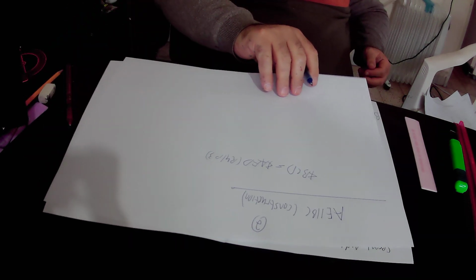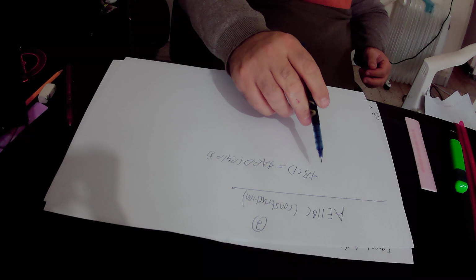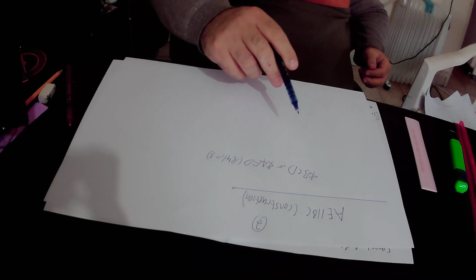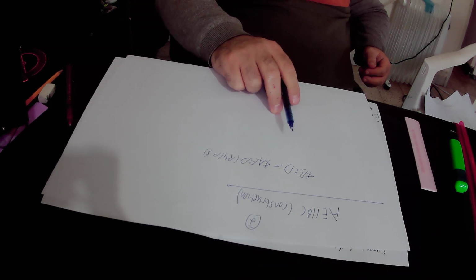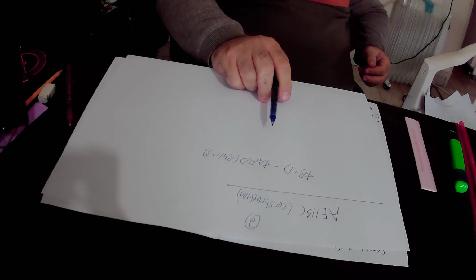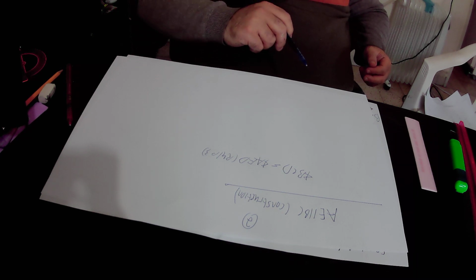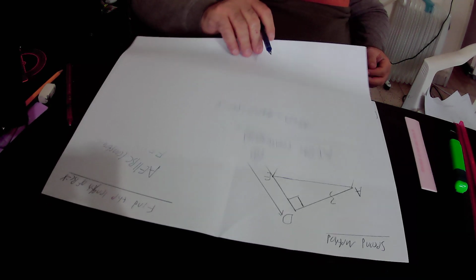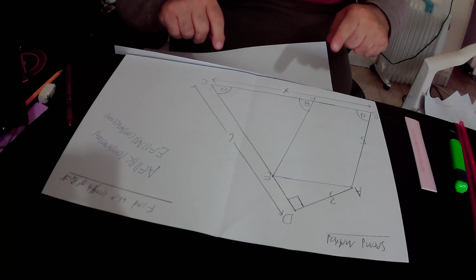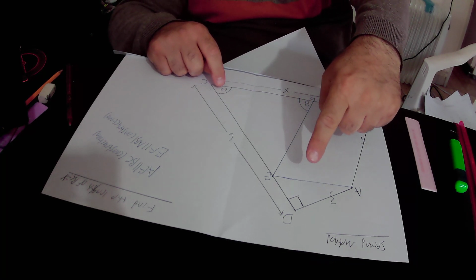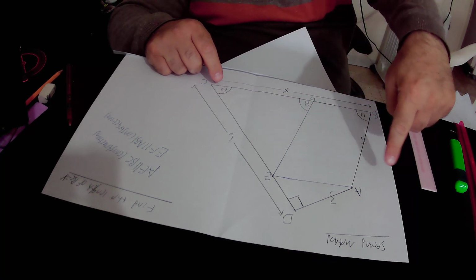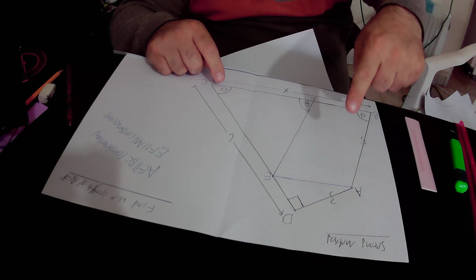I repeat again, because AE is parallel to BC, angle BCD must be equal to angle AED, because those are two corresponding angles located between the parallel lines AE and BC, therefore they must be equal to each other.